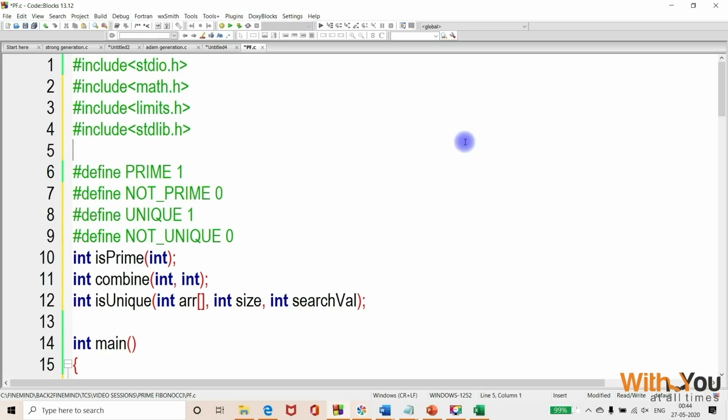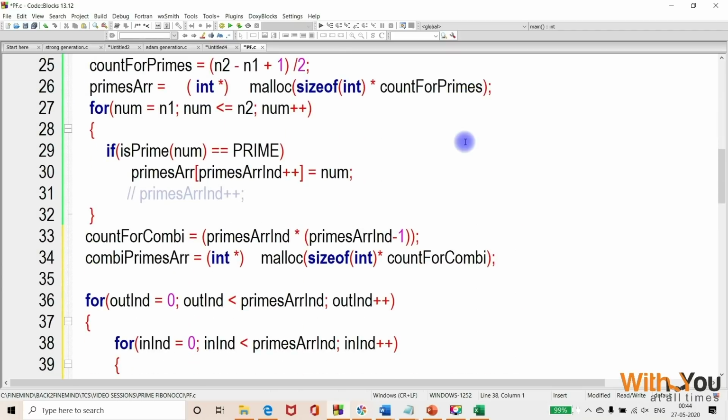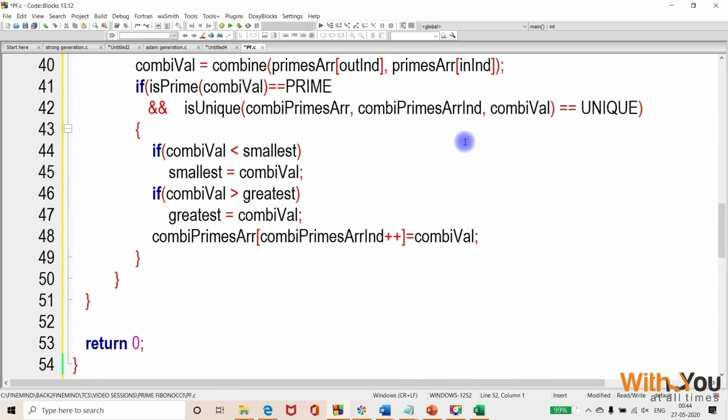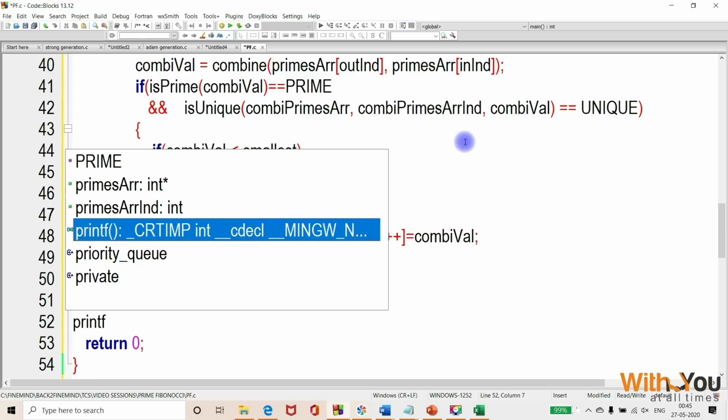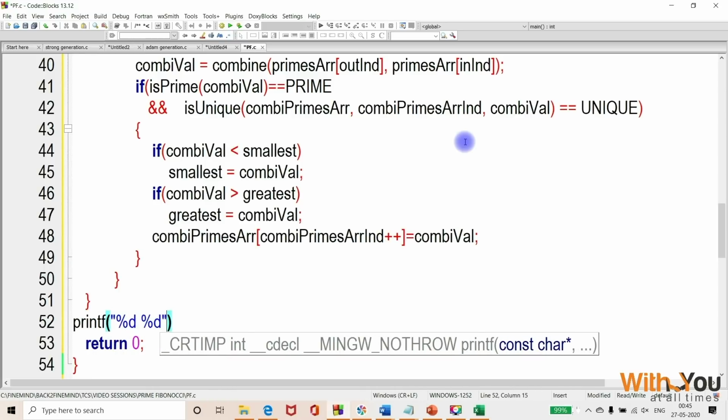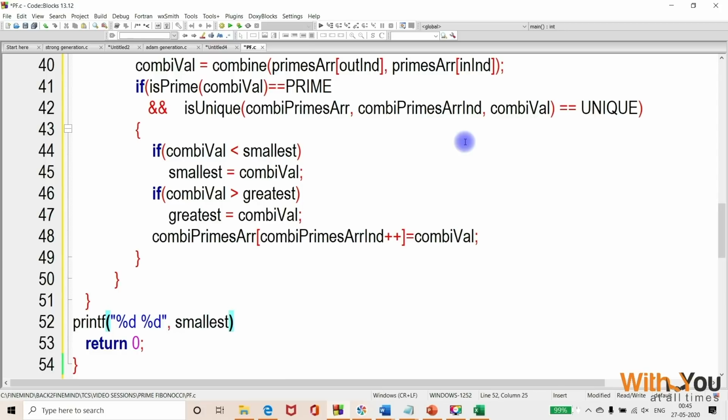They have only function signatures. Right? Good. So now I think it's done. So let's print and see what is the smallest and the largest. Percentage d, what is the smallest and what is the largest.